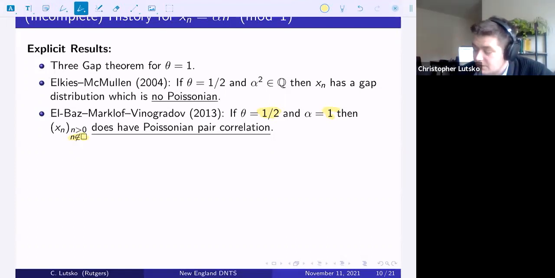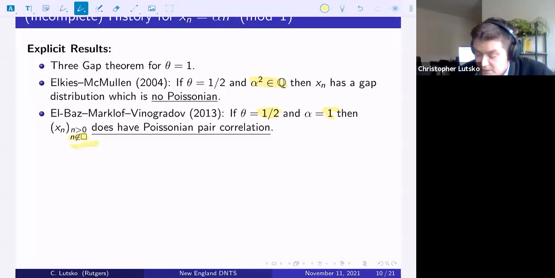So this is this sort of odd example where you have a non-Poissonian gap distribution, but you do have a Poissonian pair correlation. Obviously, you have to extract the squares because otherwise you just get an accumulation at 0. You can extend this to alpha squared rational, but then you have to impose some condition that depends on alpha. So this is a strange example where the scaling is exactly right in order to use homogeneous dynamics.